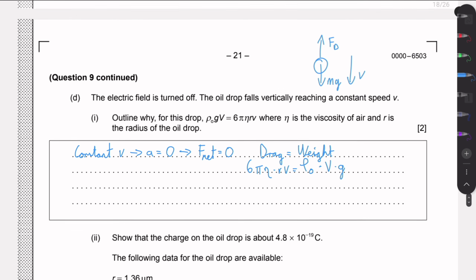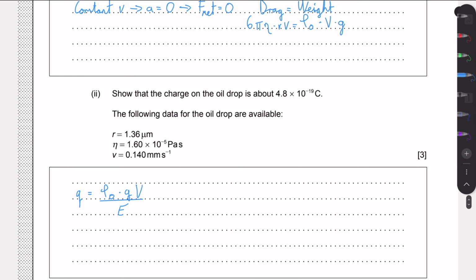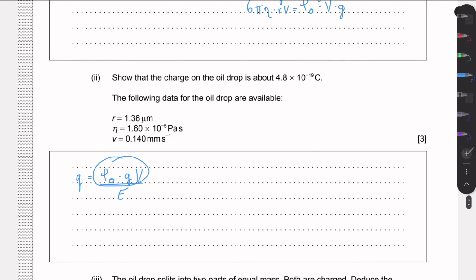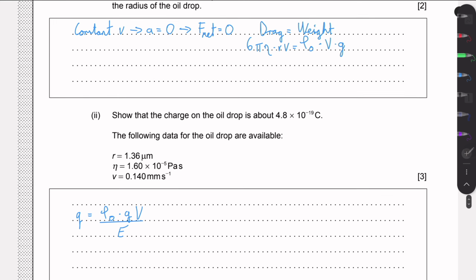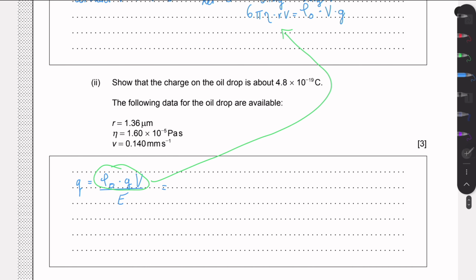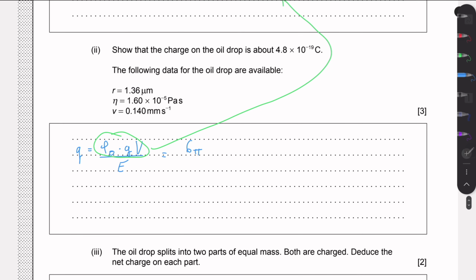Yes, so they're the same. And now we know that this part over here can just be calculated with the drag force, as they are equal. So these two are the same, so we can replace these two. So we can say that this will be 6 pi r times r times v divided by E. And now we just need to plug everything in and we should get the correct answer.